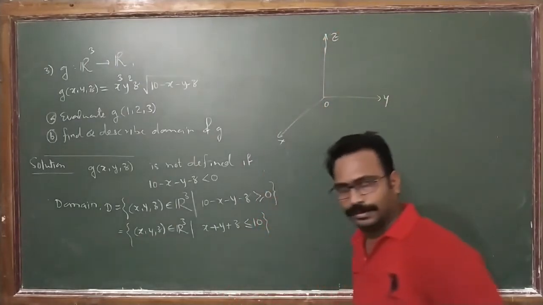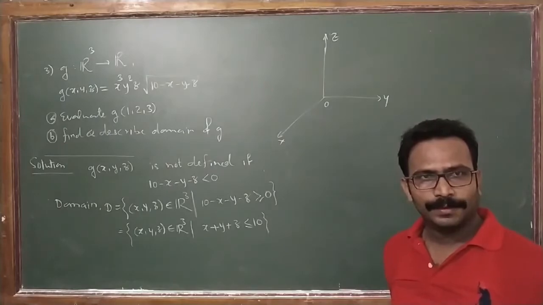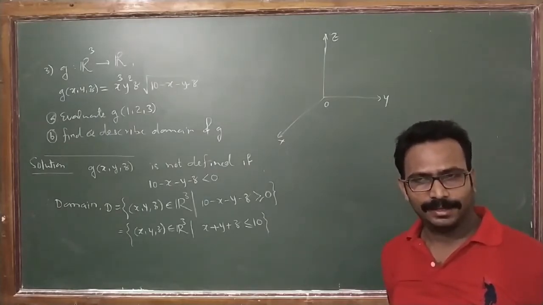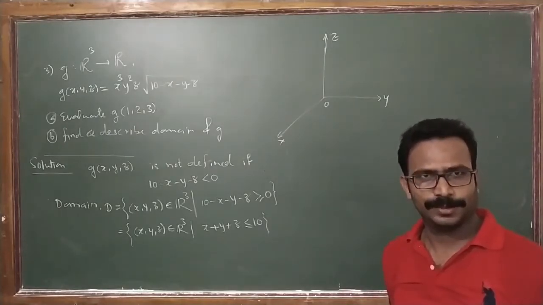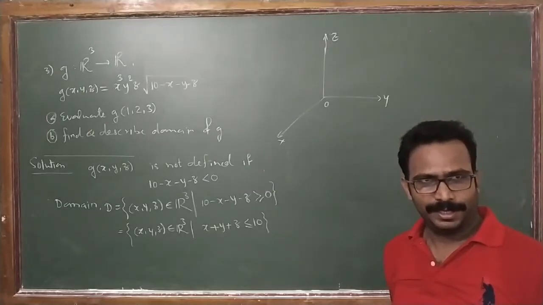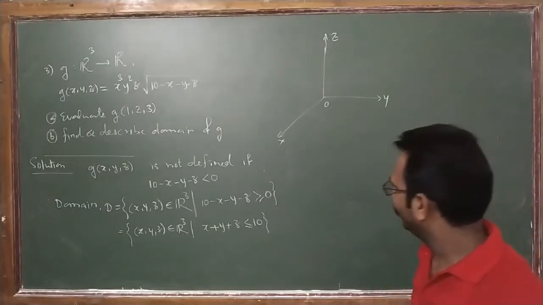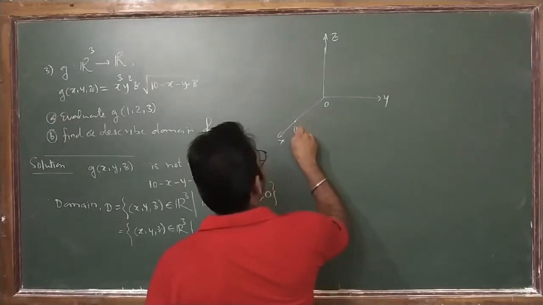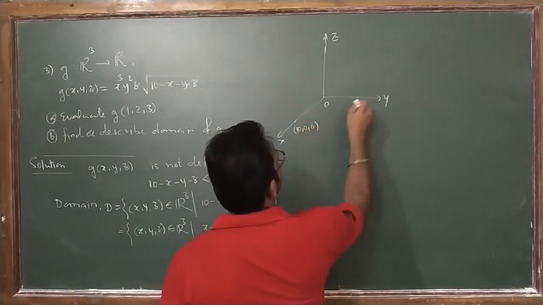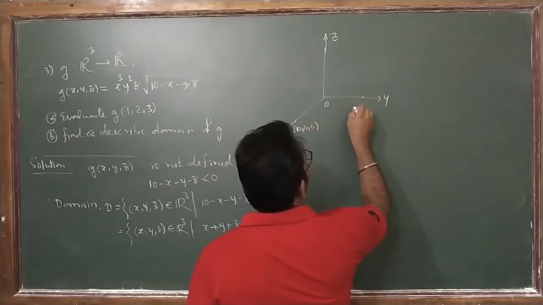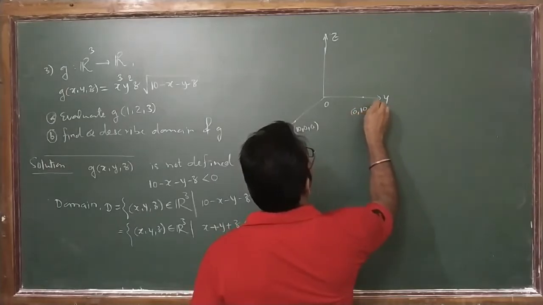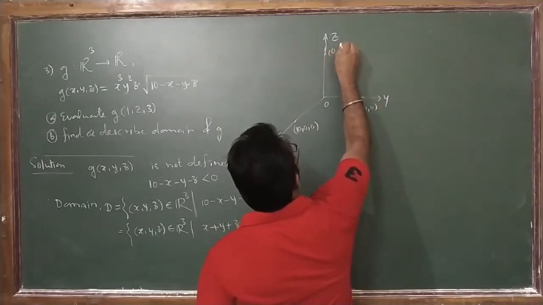So this is the plane which cuts the coordinate axes at 10, 0, 0; 0, 10, 0; and 0, 0, 10.